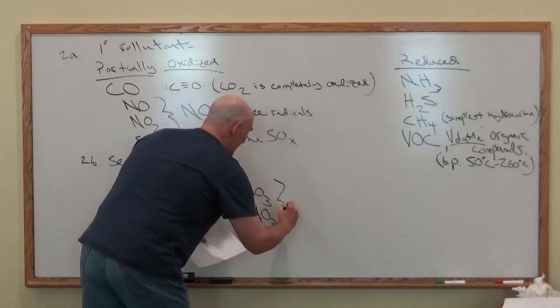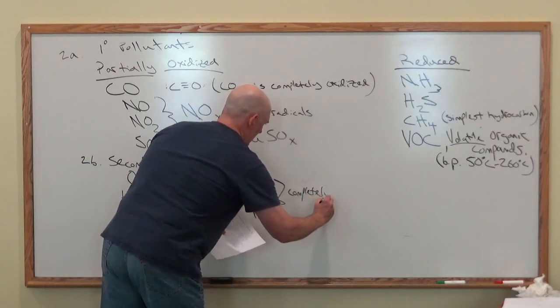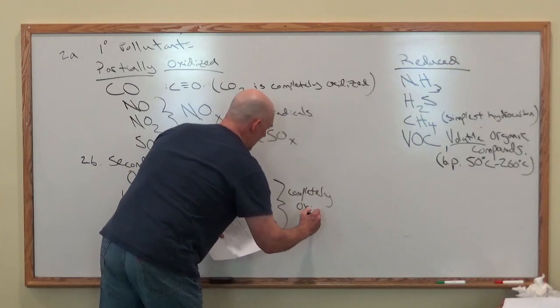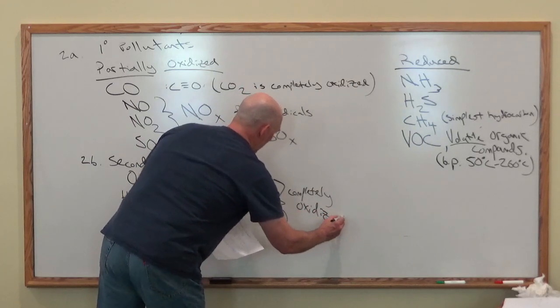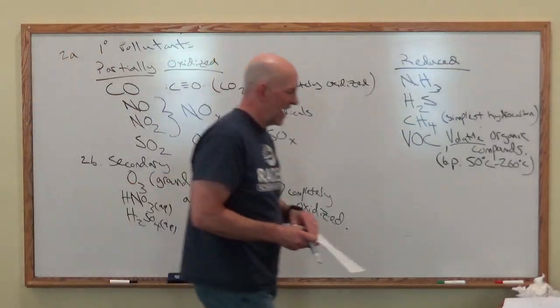But those are secondary pollutants. And these are completely oxidized versions of what we showed you before for the particles. And then, let me see what else I have for you here.